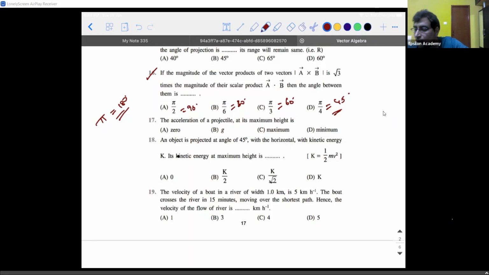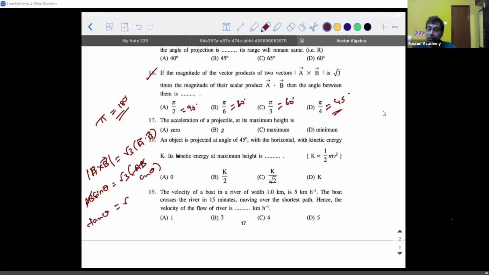So it's simple, right? They told the magnitude of A vector cross B vector is equal to root 3 times A vector dot B vector. So what is the magnitude of A vector cross B vector? It is AB sin theta is equal to root 3 times AB cos theta. So AB and AB will get cancelled. Tan theta is equal to root 3.